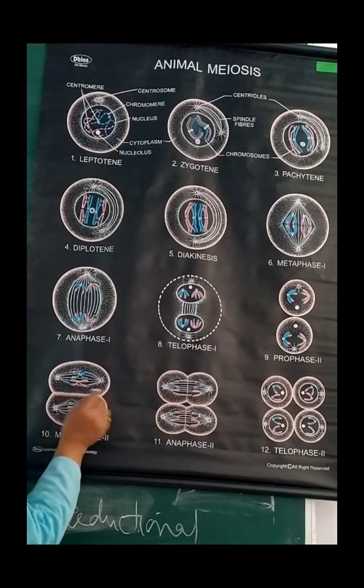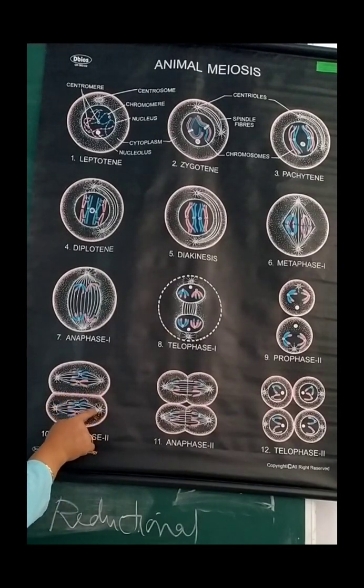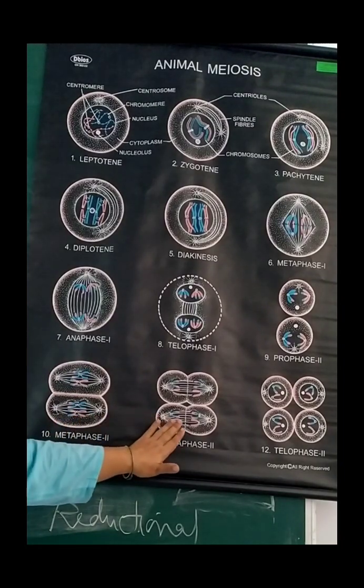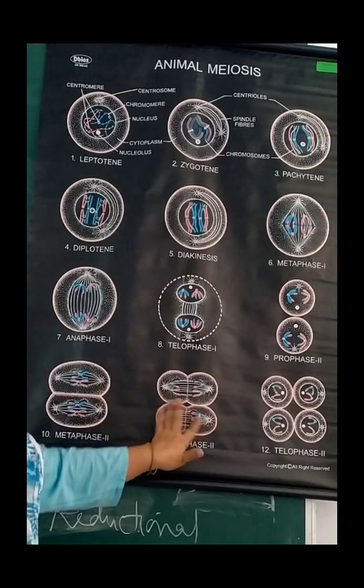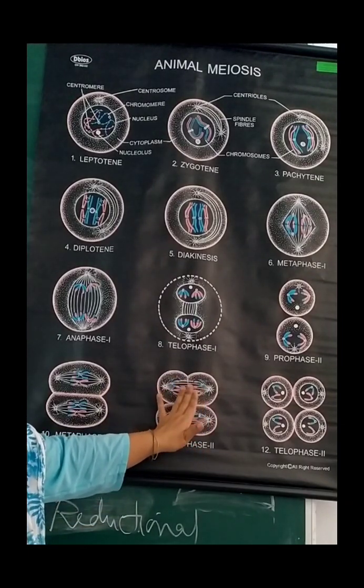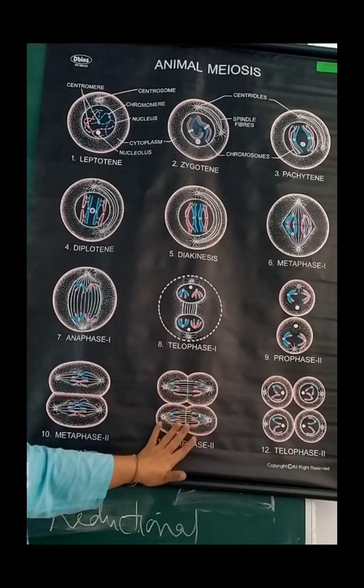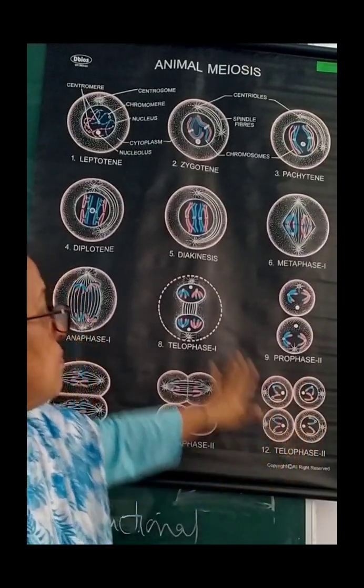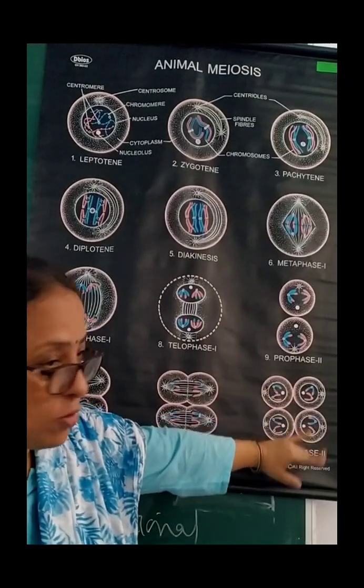So here you can see again the centrosome divides into 2 centrioles, spindle fibers are formed, and the dyads are arranged, and finally the dyads split into 2 chromosomes, and each pole receives half of the chromosomes, and finally 4 daughter cells are formed from the one cell.